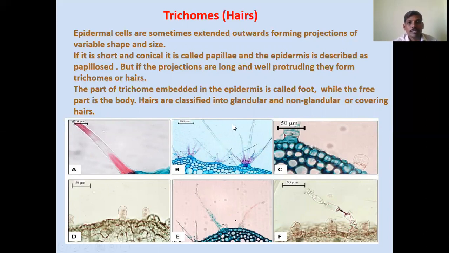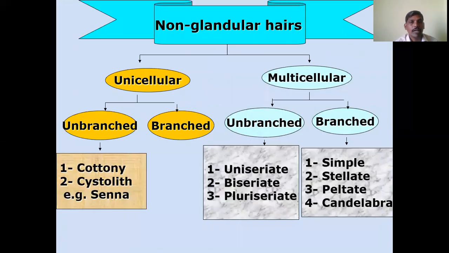Majorly, trichomes are classified into glandular and non-glandular types. Non-glandular hairs are classified again into different types based on the cells they are made of. If it is made of only a single cell, that is unicellular, and with more cells, multicellular. Again, unicellular trichomes are branched or unbranched. Multicellular trichomes are also of the same types, unbranched and branched.